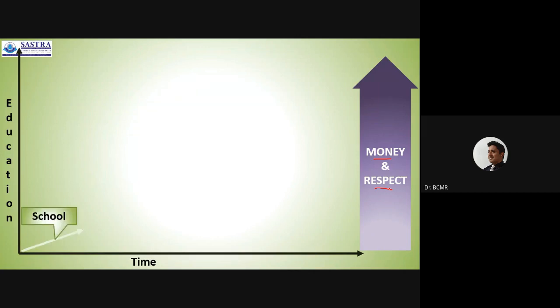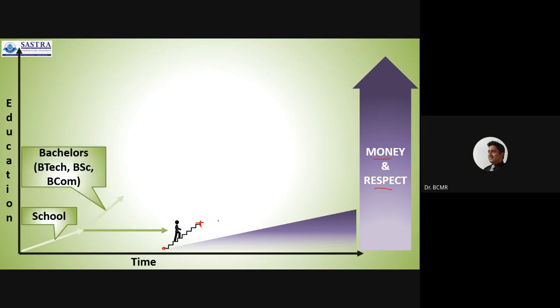From schooling itself, people can get out of the path of education and go to jobs. But then they will be at a very low entry level, and their growth is limited to a certain level. You cannot have more respect and more money than that. There will be exceptions, but in general, that is how things are.